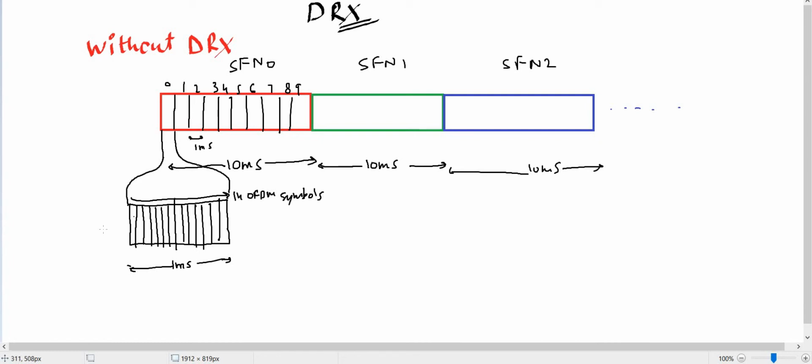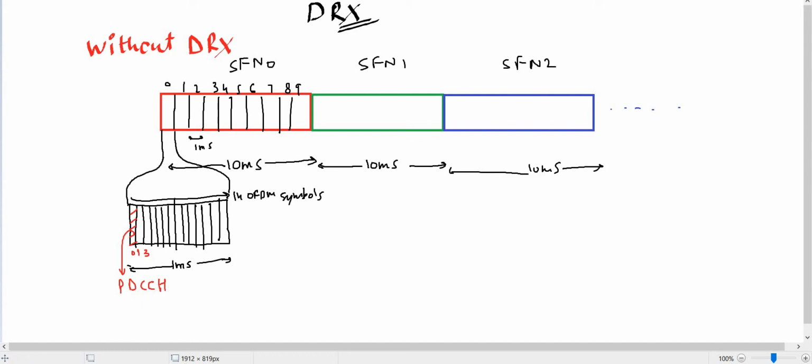On the basis of the CFI value that is carried by PCFICH, the PDCCH can occupy the first three OFDM symbols. Let's say in our case the PDCCH channel is present only on the first OFDM symbol.